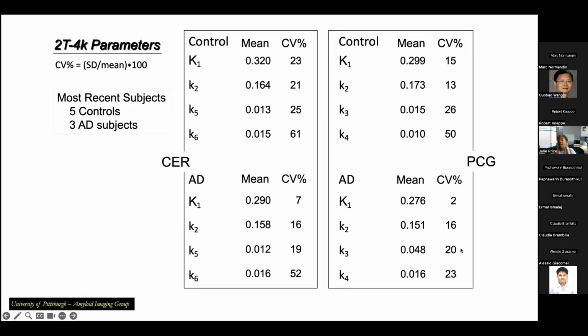That was nearly 4 times greater, consistent with a significant specific binding component. And we did try to fix the K5 and K6 parameters, but when we did that, it led to unstable results and sometimes negative values, meaning that the data just couldn't support even constraining either the K1 over K2 or the K5 over K6 ratio.